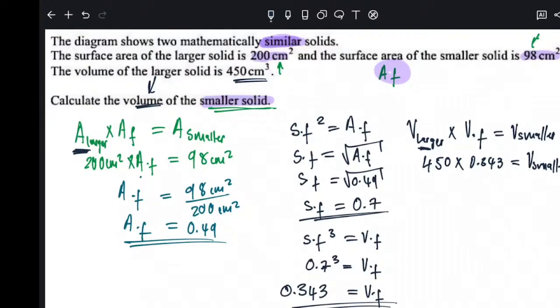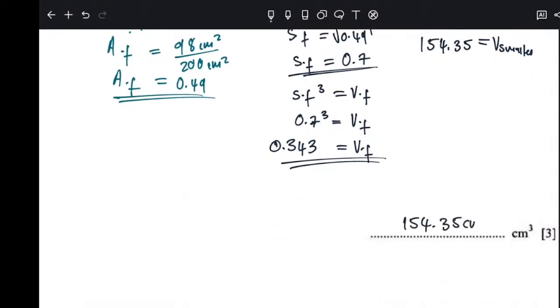Volume of smaller. Any question? Thank you. Well done.